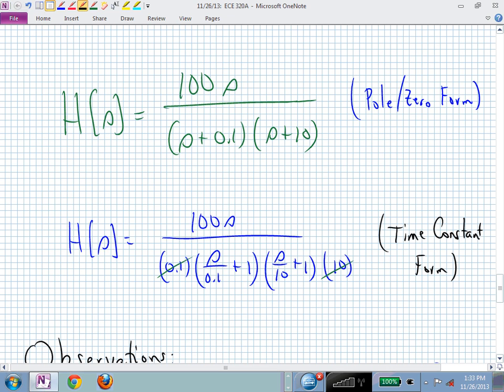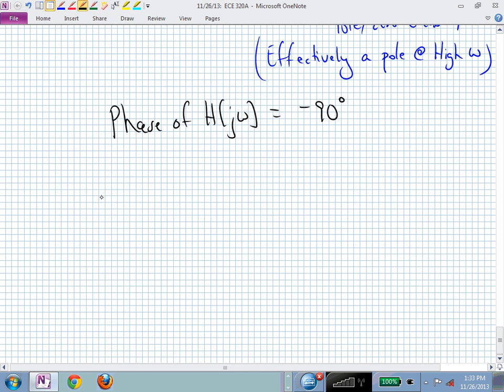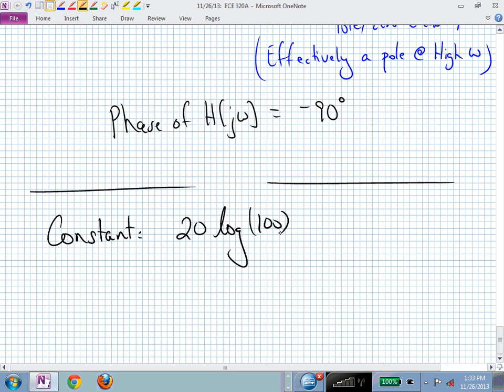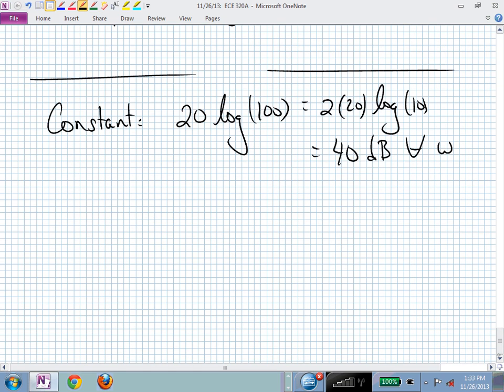Your constant gain is how much? 40 dB. So now we know that we have 20 times the log of 100, which is 2 times 20 log of 10, which is 40 dB for all omega.